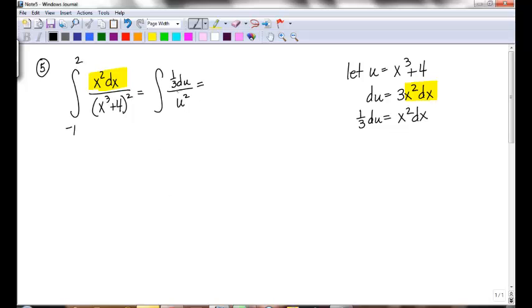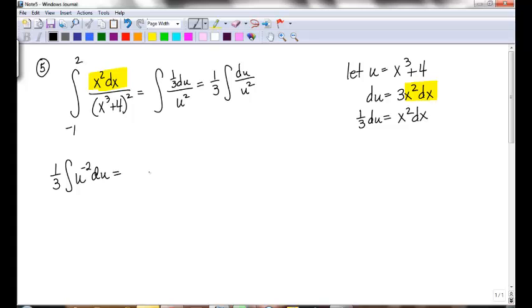There aren't any limits that go here because I didn't calculate any new values in terms of u. So the 1/3 goes out front, and then I have the integral of u squared in the denominator with respect to u. If I move that up, I'm going to leave the 1/3 out front, that's going to be u to the -2 power with respect to u.